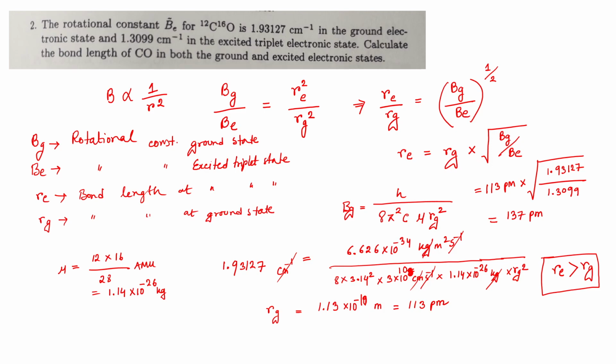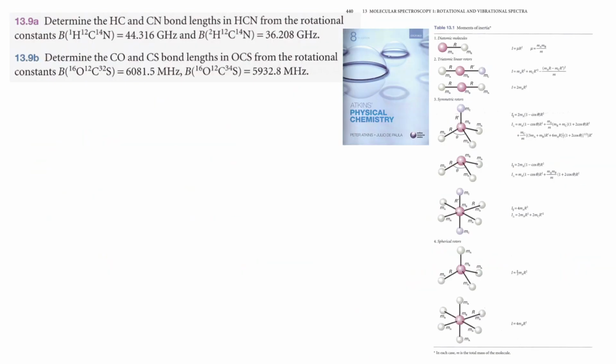Okay, so we are going to solve the next problem, and I have 15 minutes with us. We'll discuss some part of this table of moment of inertia. These two questions are equivalent, and we can solve any one of them and see what they are trying to say.